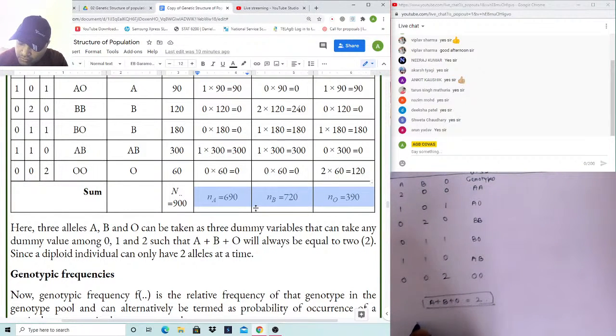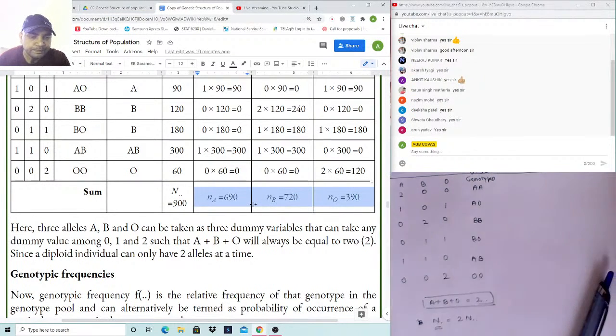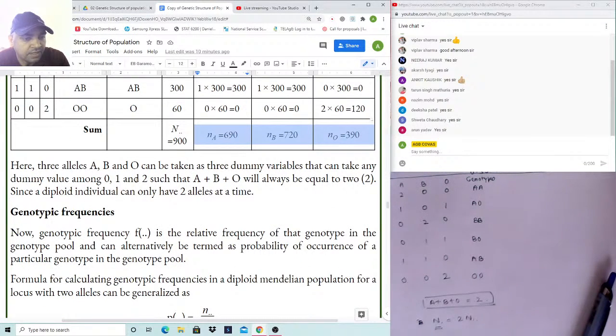So in this gene pool, the total number of alleles will be equal to twice the n dot dot. Here we have seen that A plus B plus O will always be equal to 2 because these are diploid organisms and only 2 alleles can occur at a time.